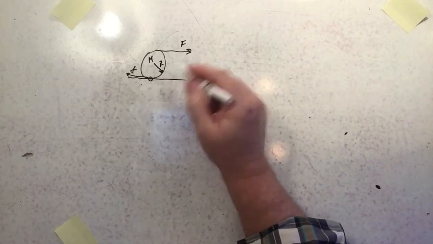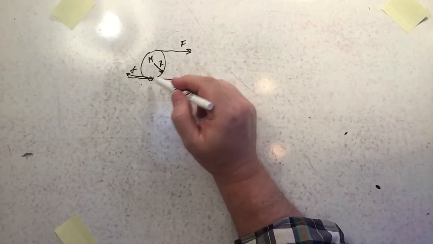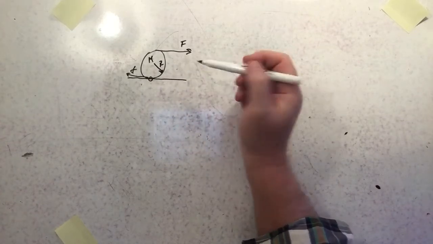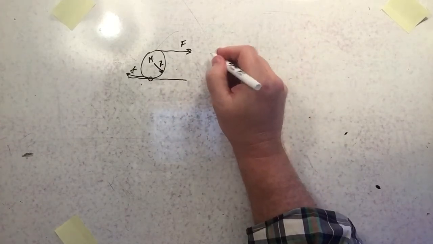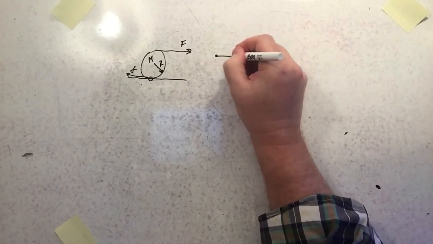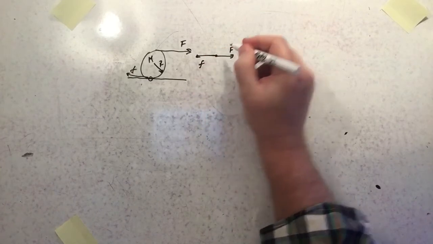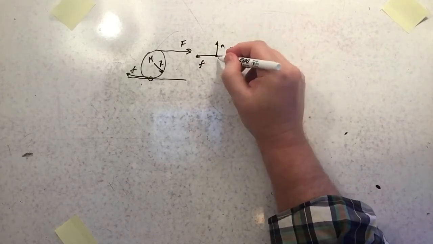So we basically got to set up the same relationship as any other rolling without slipping. So in the translational, we've got the applied force, we've got friction, we've got the normal, and we've got the weight.